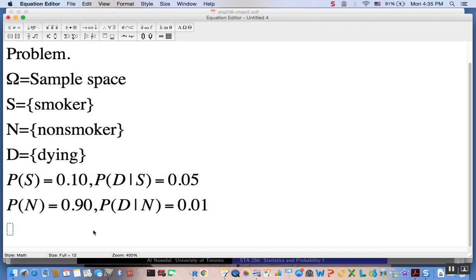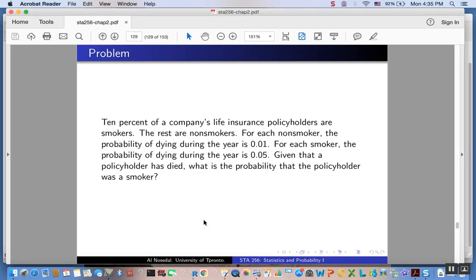Now let's find out what's the probability that we want. What is the probability that the policyholder was a smoker, right? But the thing is that it's a conditional probability. It is not one of those regular probabilities. Given that a policyholder has died, given that event, what is the probability that the policyholder was a smoker?